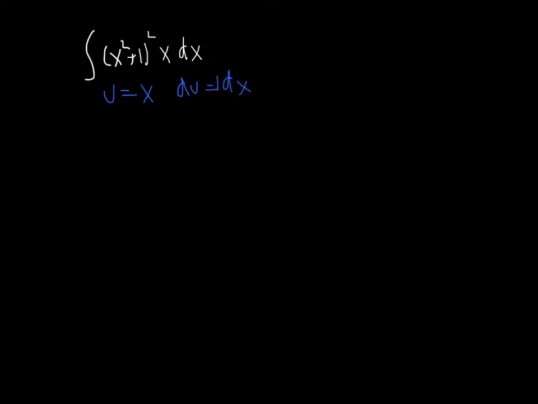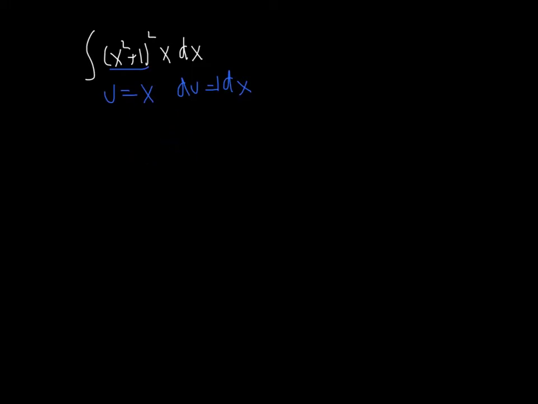Now, that doesn't cancel out x squared plus 1 at all, so that's not going to get us anywhere. You could also let u equal (x squared plus 1) squared, but that's not going to work either, because if you take the chain rule, it's going to get kind of messy here. So we don't want to let u equal either one of those options.